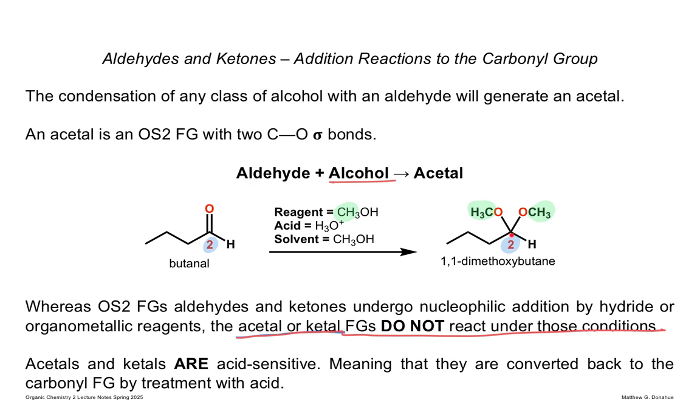But if we form this and then treat it with lithium aluminum hydride or some Grignard reagent, it's not going to reduce that carbon. It cannot react there. But if we wanted to take the product and unmask it back to the aldehyde, you just reverse the conditions. So in that case, you would take your acetal, a little bit of acid, and a lot of water, and that would convert it back this way.